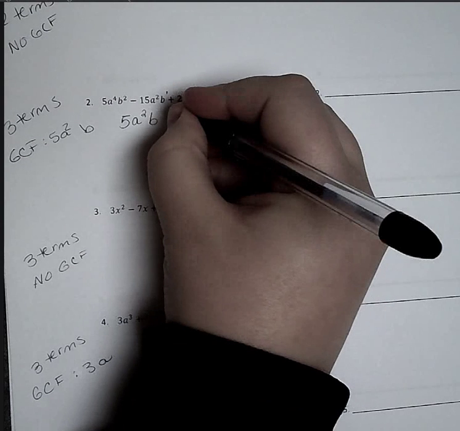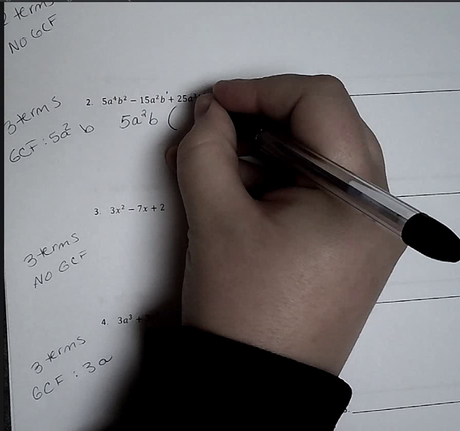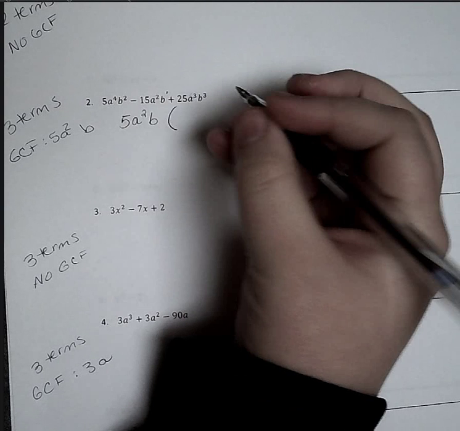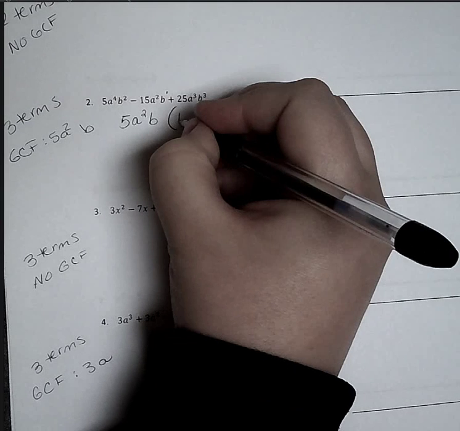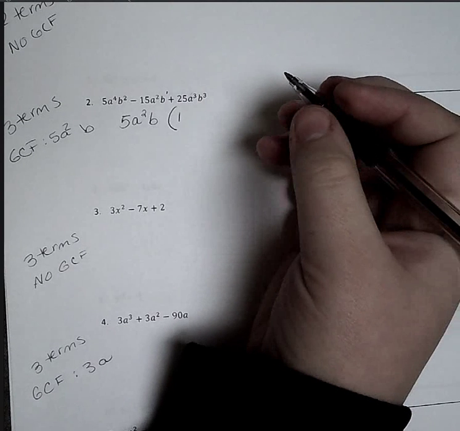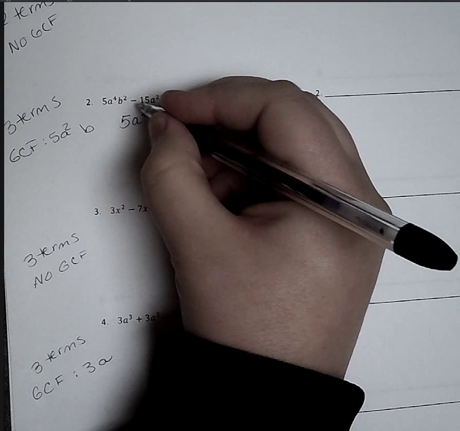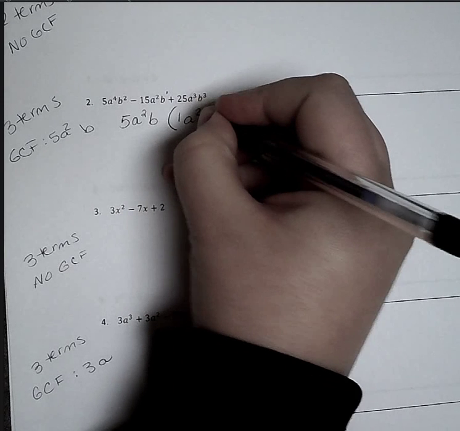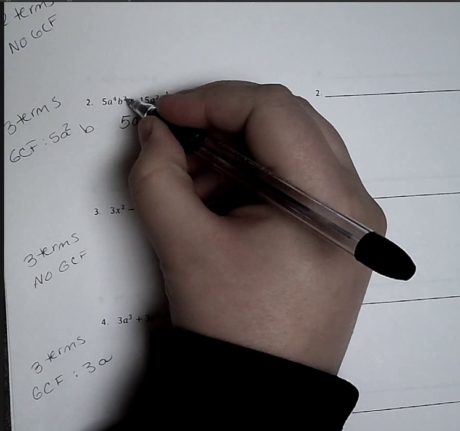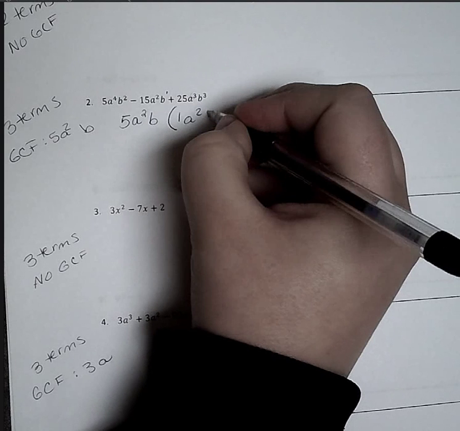So now we divide each of these terms by that 5a squared b. Well, 5 divided by 5 is a 1. You can write it or leave it off, it doesn't matter. A to the 4th divided by a squared. Well, you have 4 a's, you take 2 away, so you're left with a squared. You've got 2 b's, you take 1 away, you're left with a b to the first.